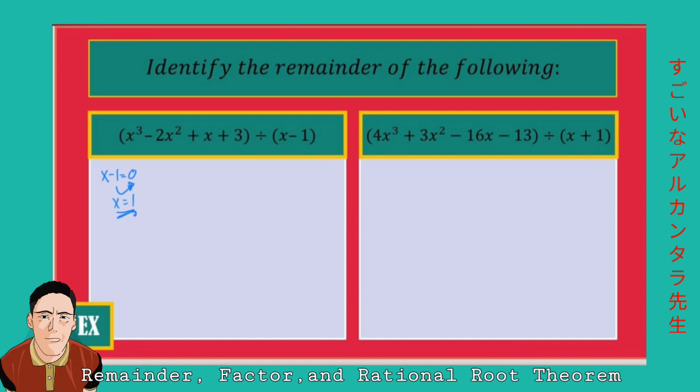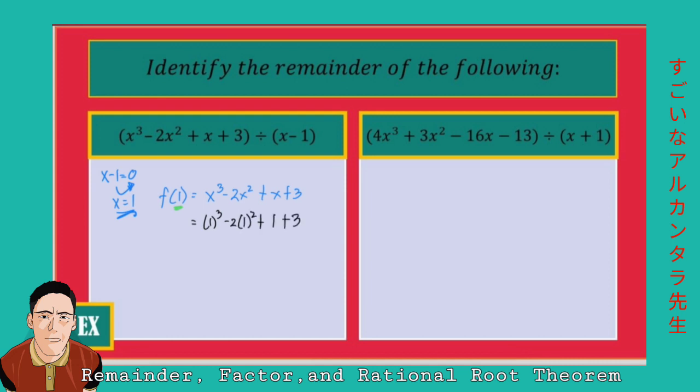Hence, our function will be f of 1 equal to x raised to 3 minus 2x squared plus x plus 3. So what we will do here again is change our x's to 1. Okay, so we will have 1 raised to 3 minus 2 times 1 raised to 2 plus 1 plus 3.